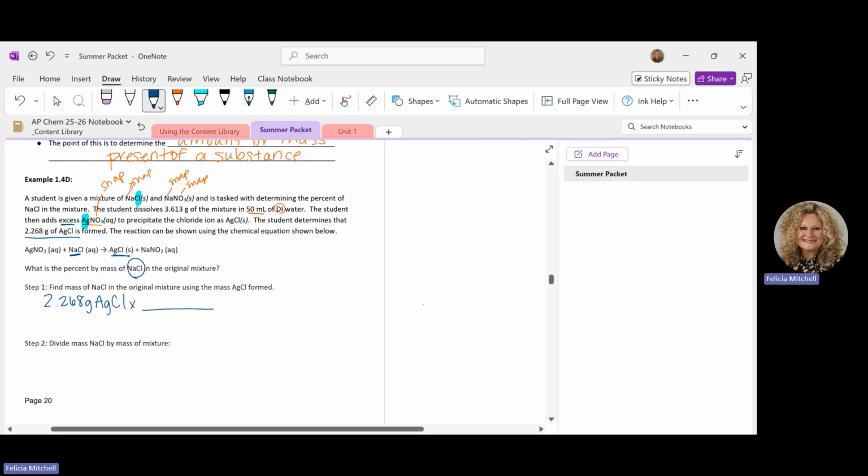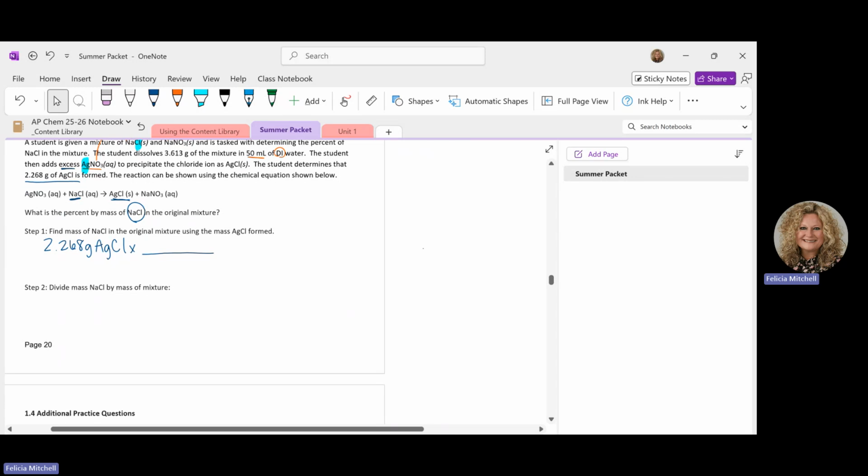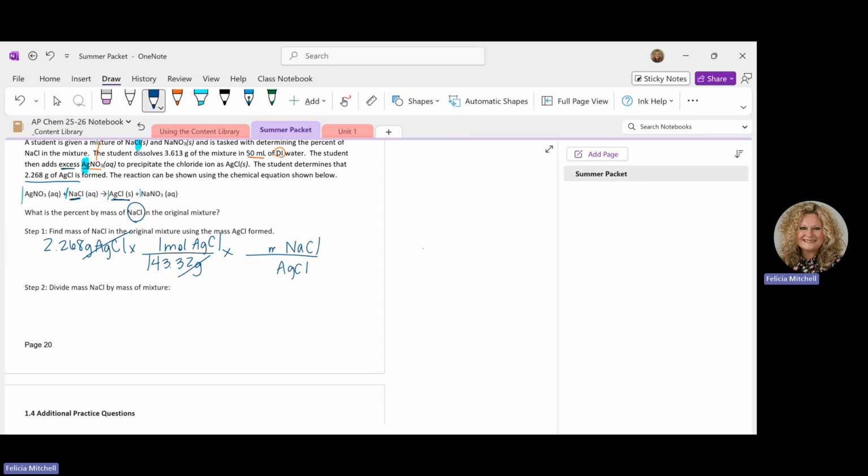Well, I can't compare AgCl to NaCl unless I do mole-to-mole comparisons. Remember, that is stoichiometry. It's basically remembering that you can use the molar coefficients in front of these compounds as mole-to-mole ratios. So remember, I can't do mole-to-mole if I'm in grams. I'm going to go grams to moles using the periodic table for AgCl. Now, remember, I'm trying to compare AgCl to NaCl, mole to mole.